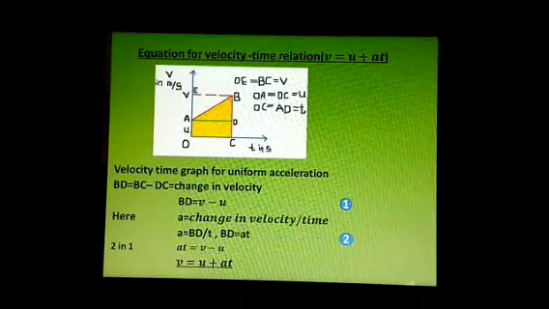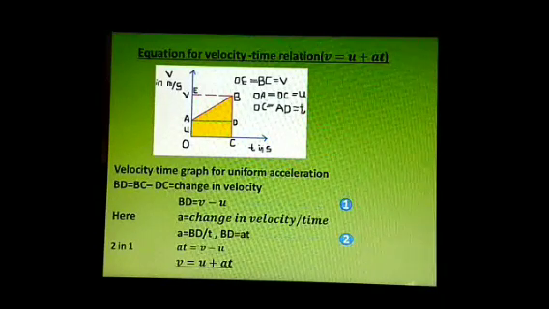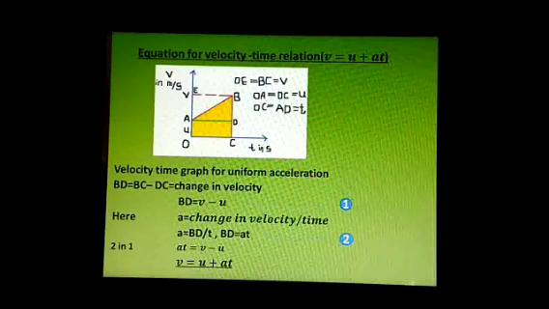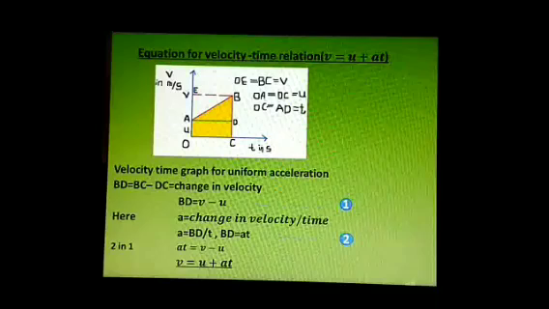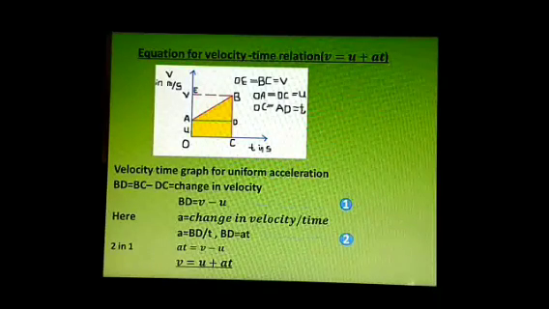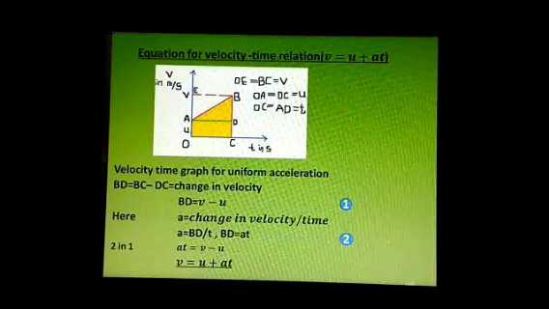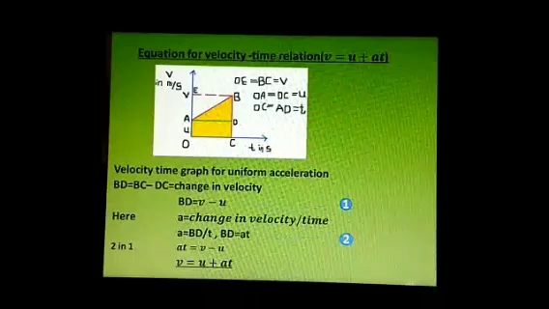Here the change in velocity, that is velocity changed from U to V, is represented by the line segment BD. So we can write BD is the change in velocity. So BD is equal to BC minus DC. Here BC is equal to V and DC is equal to U. So BD is equal to V minus U. It is equation number 1.